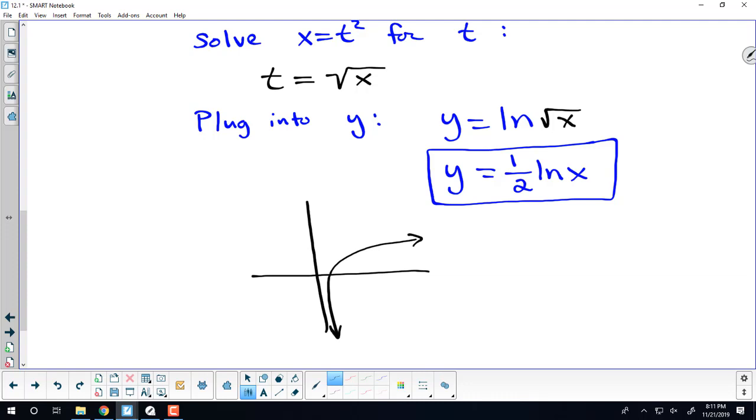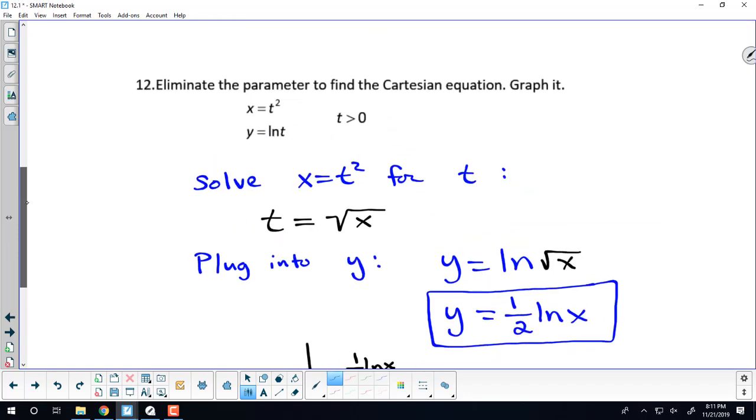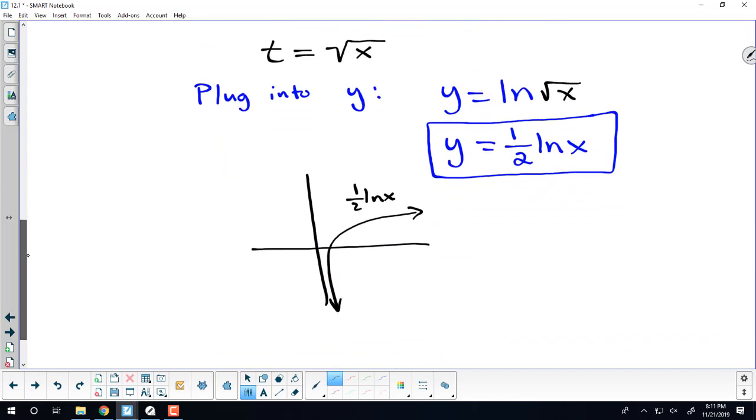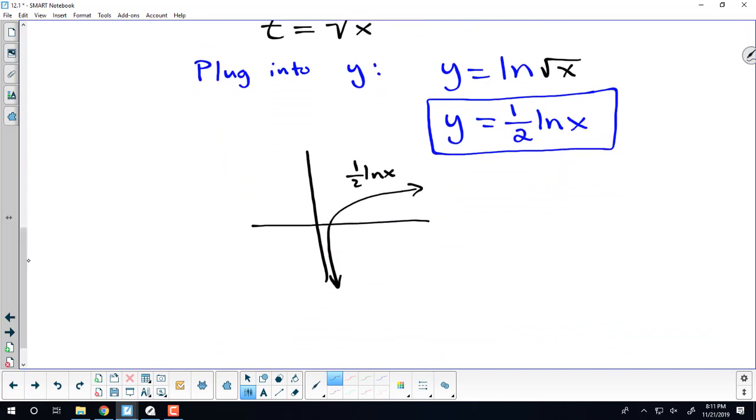But once we have the graph, we need to refine that in the sense of what our parametric graph actually looks like. So here's 1/2 ln x, but t starts out at what was it? Larger than 0, right? And then it progresses onwards.